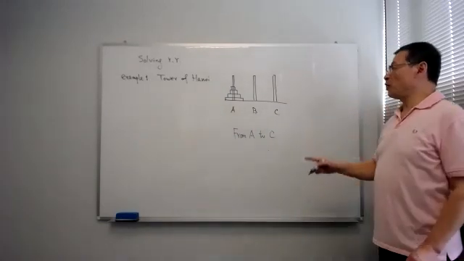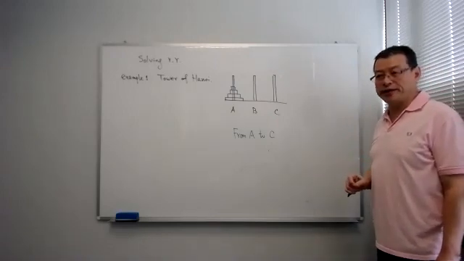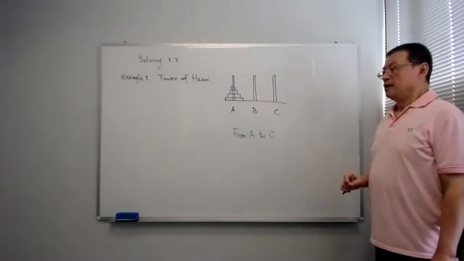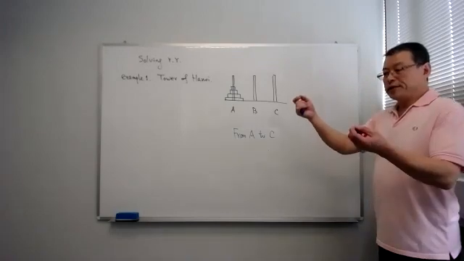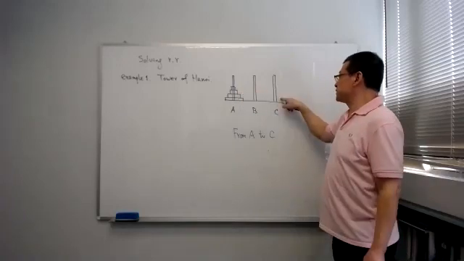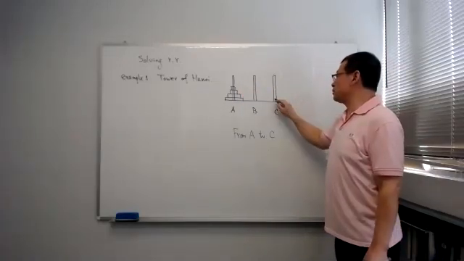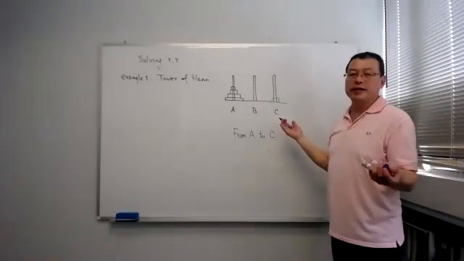In the process, you can never put a big disk on top of a smaller disk. Smaller disks should always be on top of bigger ones. If I move this one to C, then I cannot move the remaining disks to C. Once I put it here, I can do nothing.